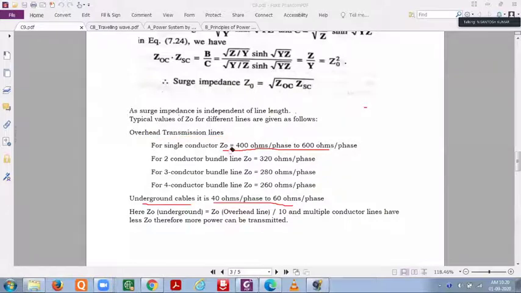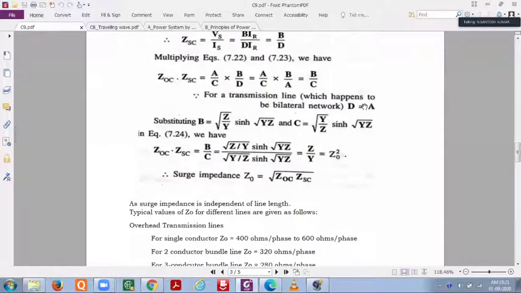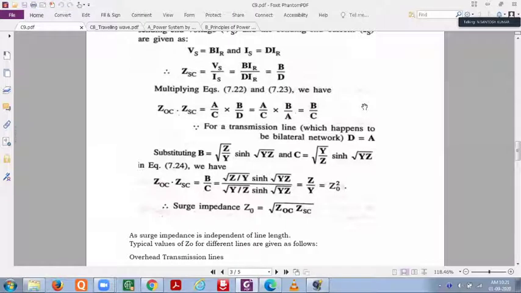Based on this, there are important questions in GATE also. They will change the distance. For 80 kilometers distance, the characteristic impedance is 200. For 100 kilometers distance, what is the characteristic impedance?